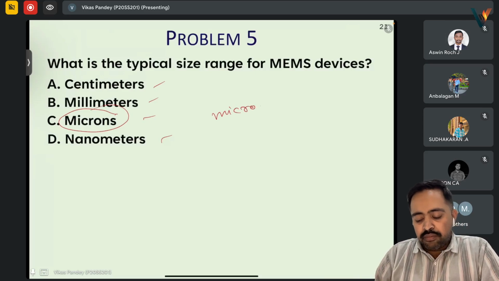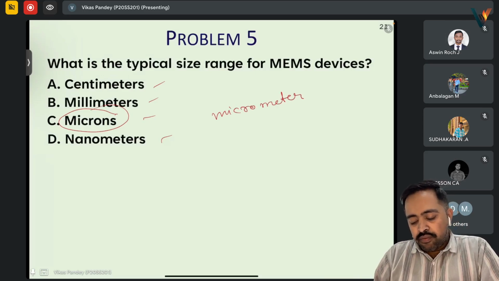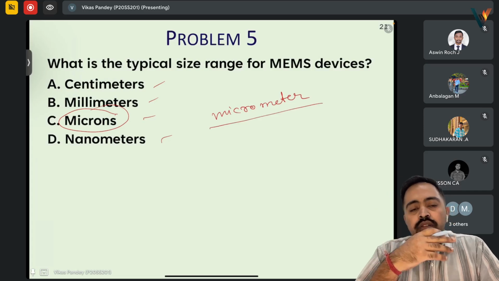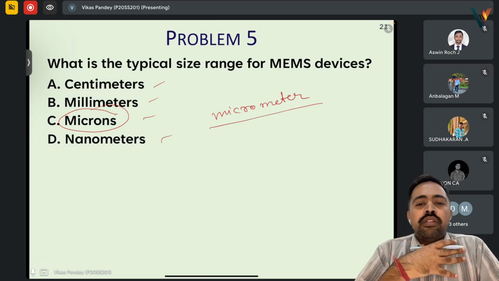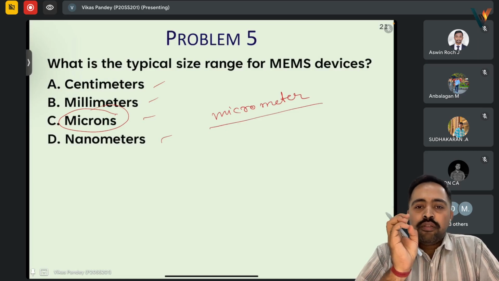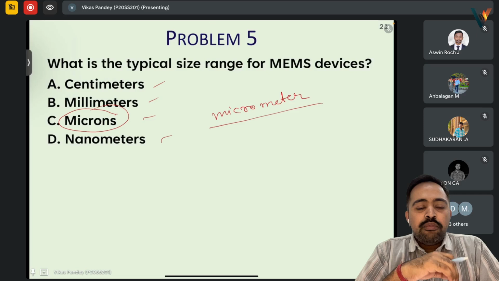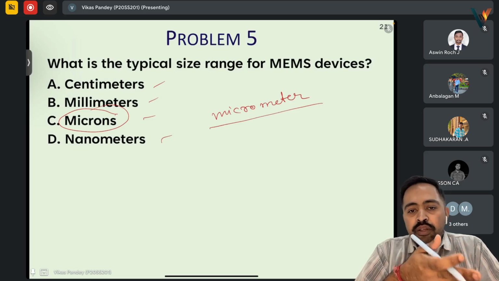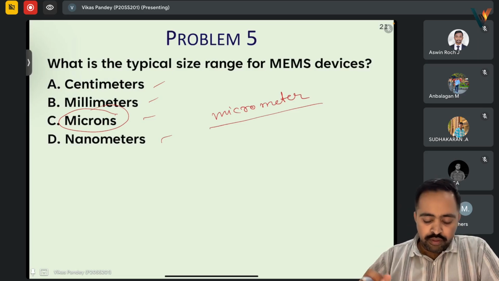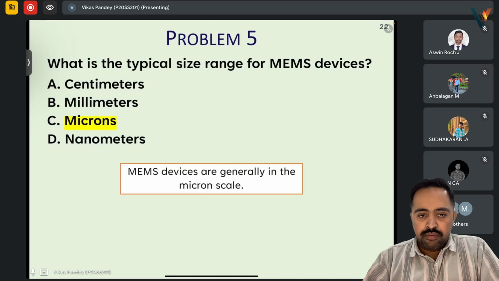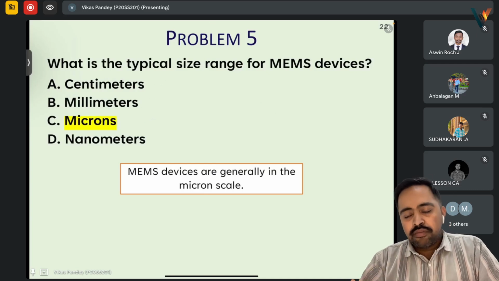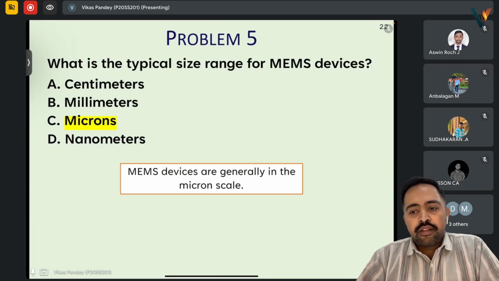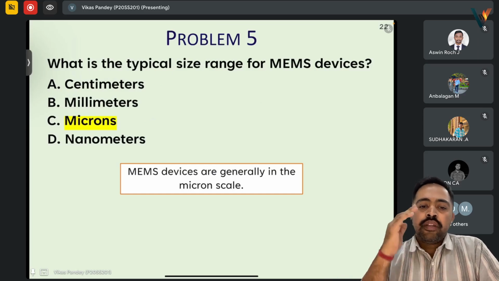They are the same. We cannot always say big names, so we put a short name to it. It is micrometer or microns. MEMS, the term itself, is micro electromechanical system, so it is in the micrometer range.